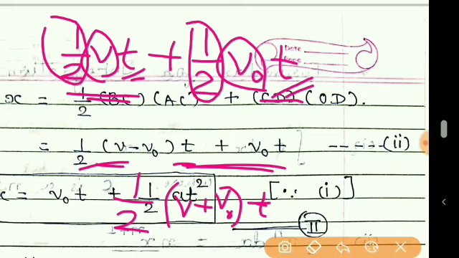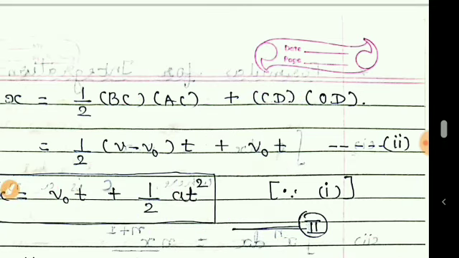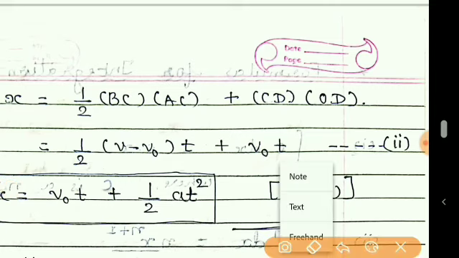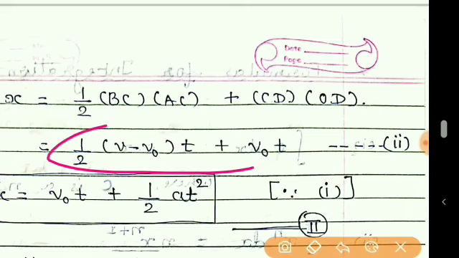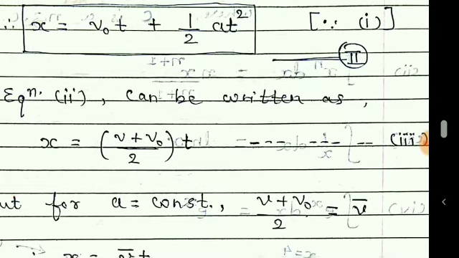So you can say that it is v plus v naught upon 2 into t, that is x. So students, I hope you can easily simplify this equation to get this equation: x is equal to v plus v naught upon 2 into t.